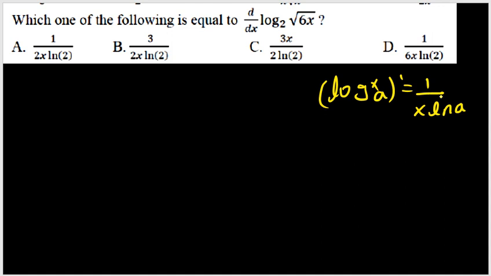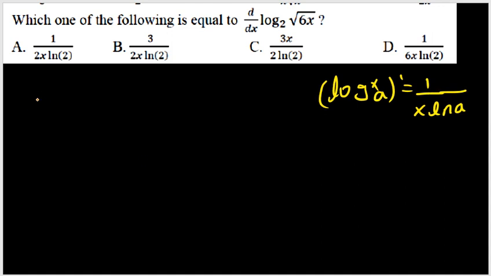The next question says, which one of the following is equal to d by dx of logarithm of square root of 6x to the base 2? Here three functions are composed of each other: logarithm, square root and 6x. So first of all, let's recall the derivative of logarithm. The derivative of logarithm of x to the base a will be 1 over x times ln a.